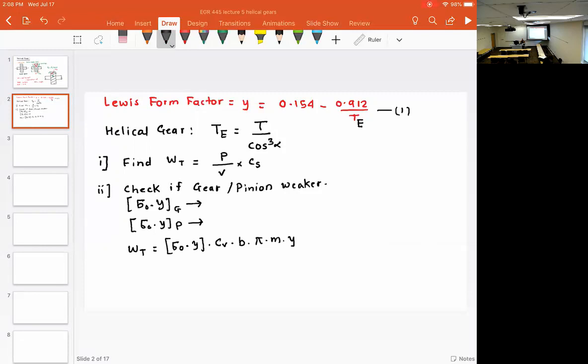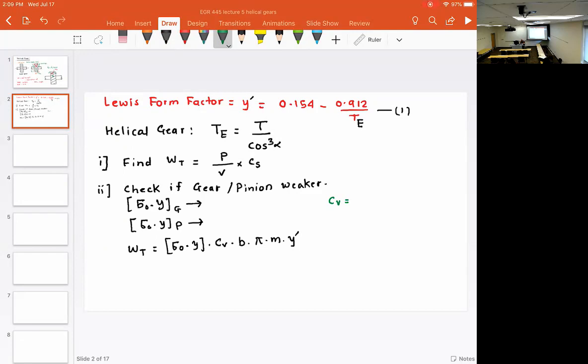And if you refer to the book, he refers to this Y as Y prime, just to denote that this Y is different from the Y for the spur gear. And from this equation, assuming the ratio of B over M, we should be able to find the value of M. One thing that please note, Cv, the velocity factors for spur gears are different than for helical gears.